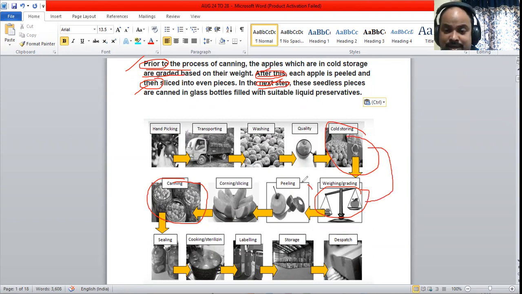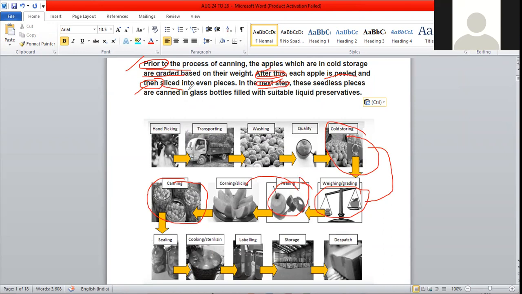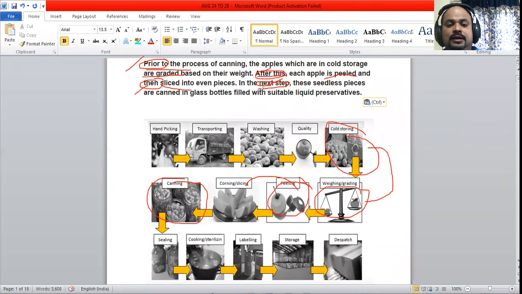After this, each apple is peeled, passive voice, and then sliced. Next, in the next step, these seedless pieces. I have not said that the seeds are removed here, so I have added that particular data. The seedless pieces are canned, passive voice, in glass bottles filled with suitable liquid preservatives.